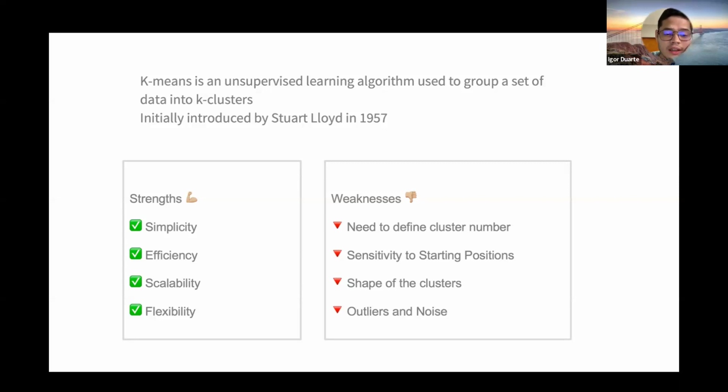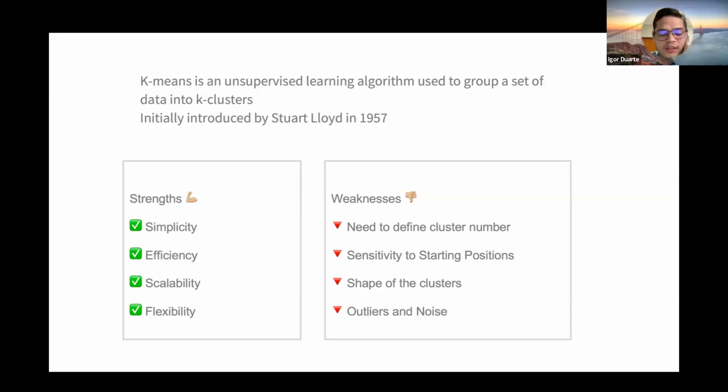So here I show you some strengths of k-means. First of all, simplicity. K-means is easy to understand and implement, and its steps are intuitive and can be quickly executed, so it is accessible even for beginners. The second strength is efficiency.